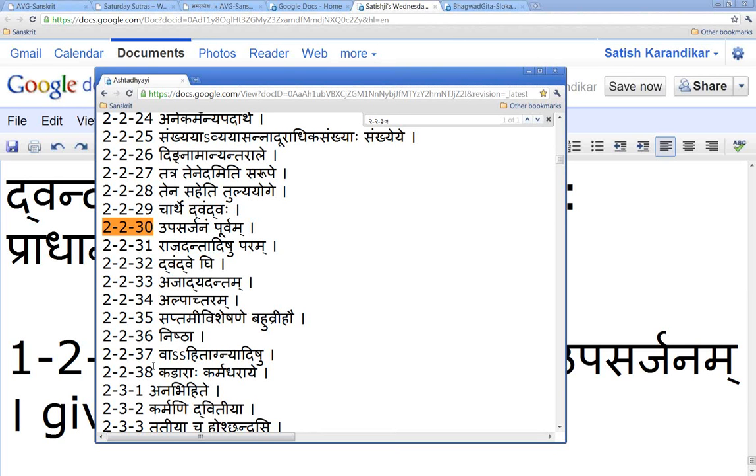So really compounds are finished at 2.2.29 itself. From 2.2.30 onwards, the only topic is which padam to put first and which to put second. Otherwise, the topic of compound is finished with Chartha Dvandva. Upasarjanam Purvam will now tell you where to put what.